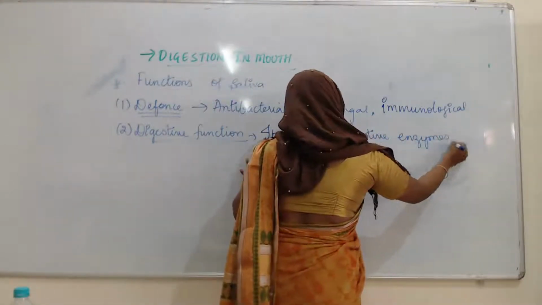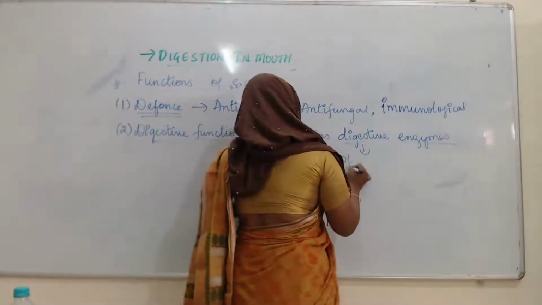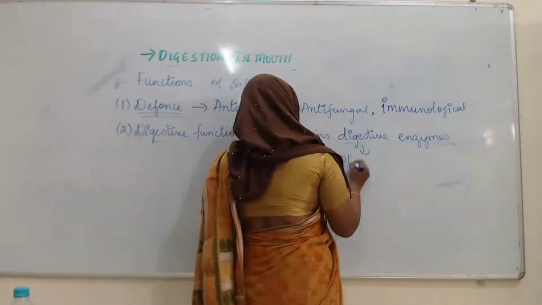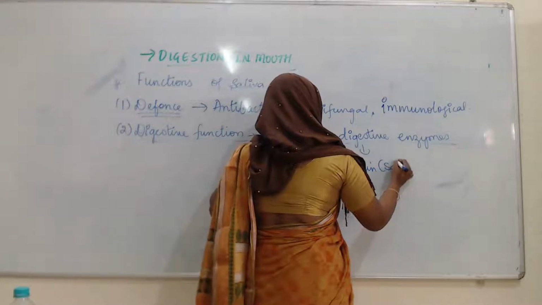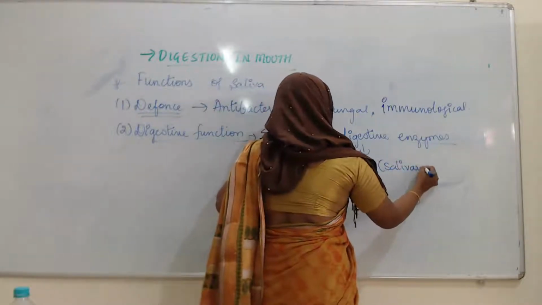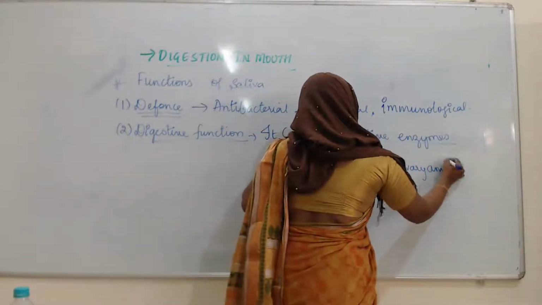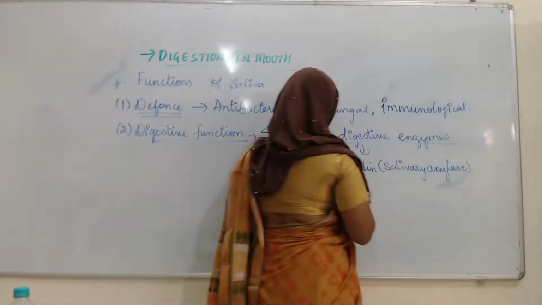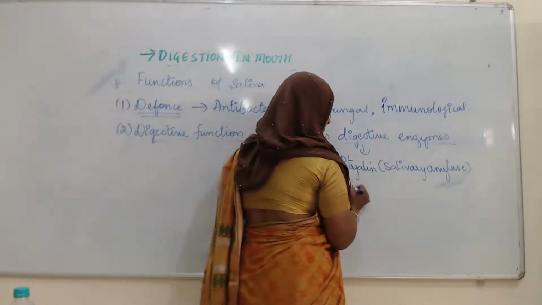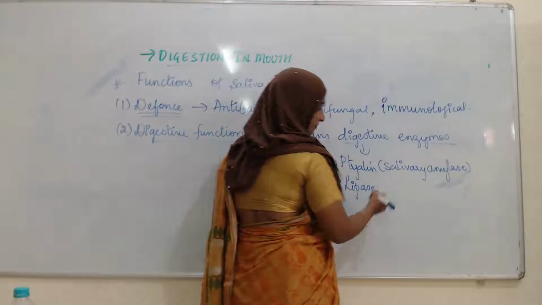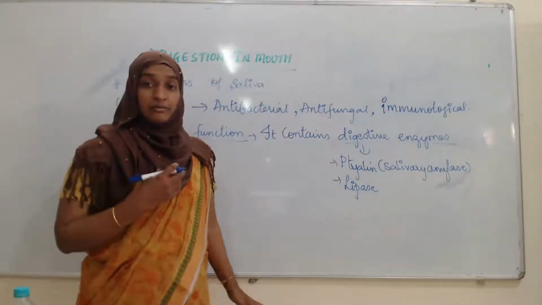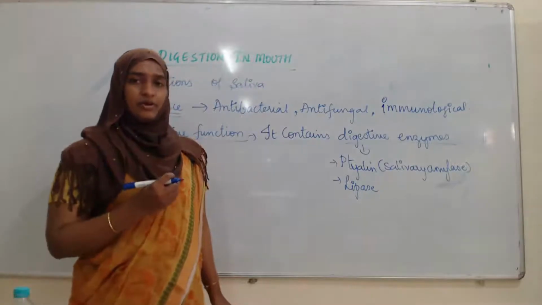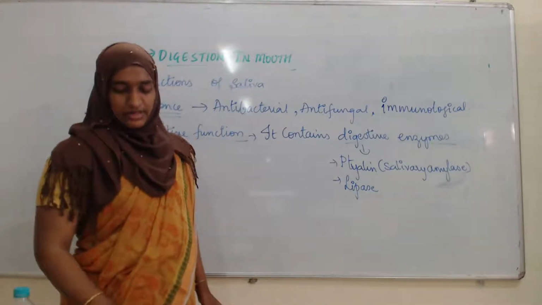That is thiamine, which is salivary amylase. One more name for this thiamine is salivary amylase, and one more enzyme is there, that is lactase. These two enzymes are mainly involved and very important in the digestion.